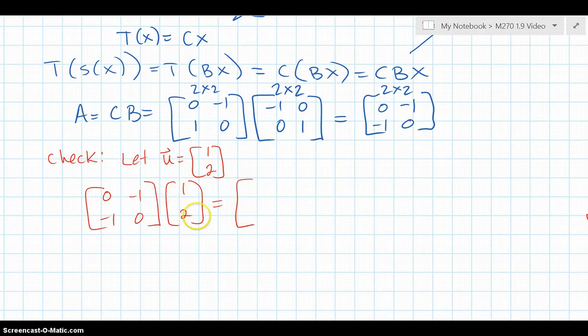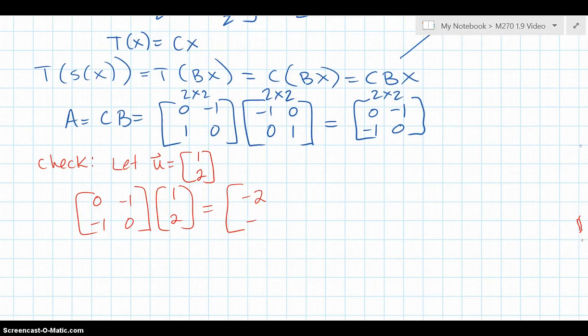So that would be 0, negative 2, and then, right, the second row and that first column, that would be negative 1, 0. So let's see if that works. So we have 1, 2. That's my vector u. And then we're going to get negative 2, negative 1. That's the end result.